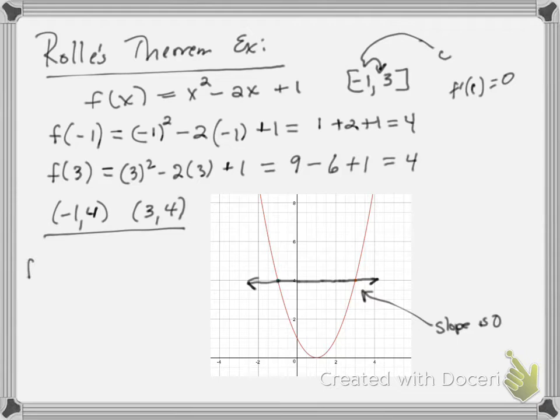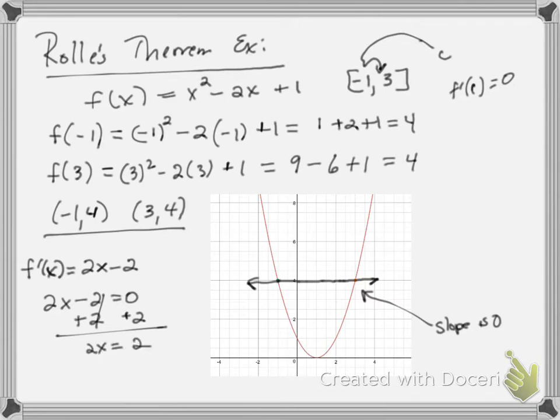Then we're going to find the derivative of the function, and it's going to be 2x minus 2. And we're going to set that derivative equal to 0. So I have 2x minus 2 is equal to 0. If I add 2, I get 2x is equal to 2, divided by 2, x is equal to 1.